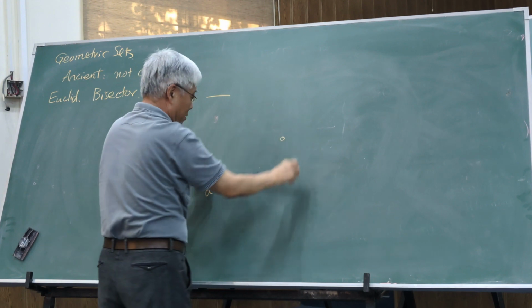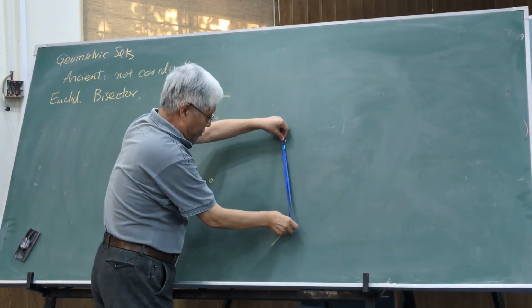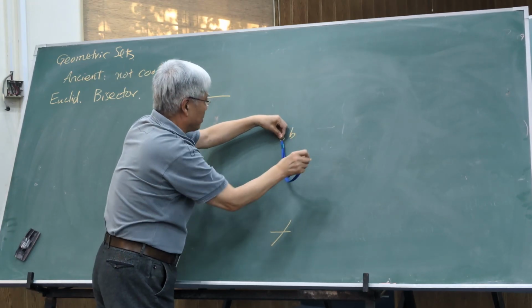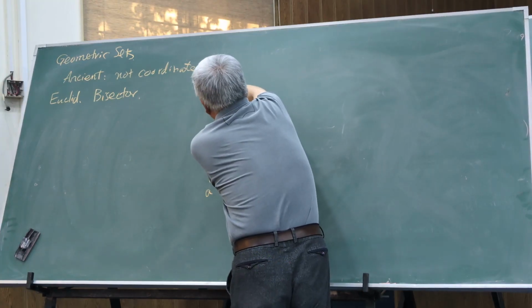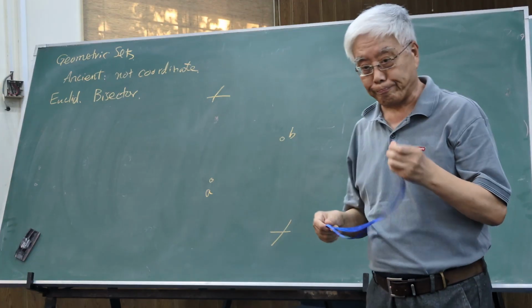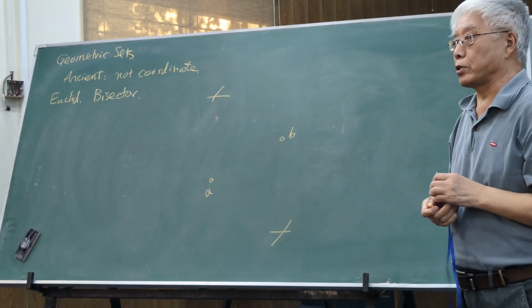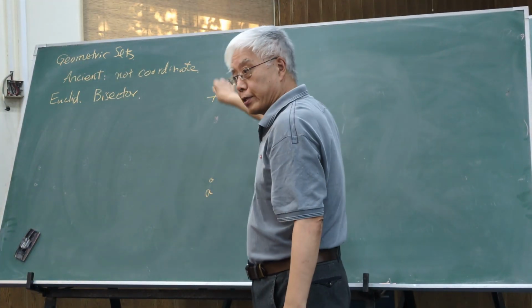And then you move the leg to the other point, which we call B, and then do the same. Now we are actually imitating nicely. So here the intersection of those two pairs of circular arcs gives you exactly 2 points. By Euclid's second axiom, there is a unique straight line going through these.